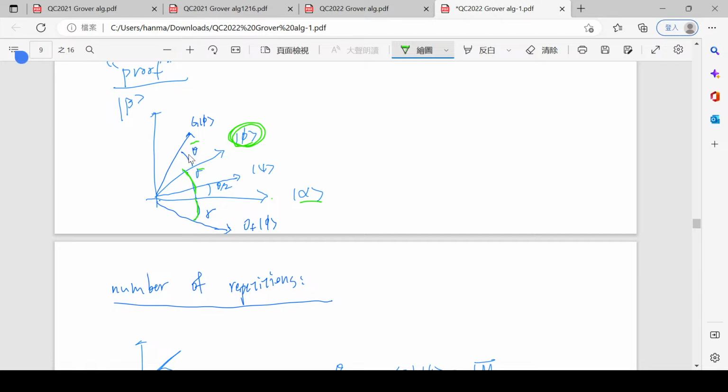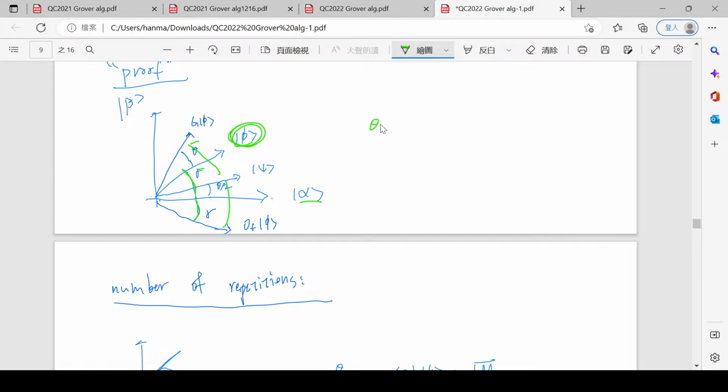Then this angle should equal to this angle. So let's do it down here.